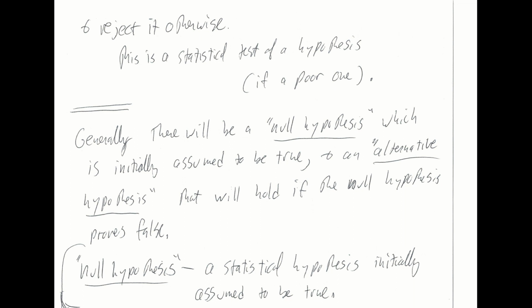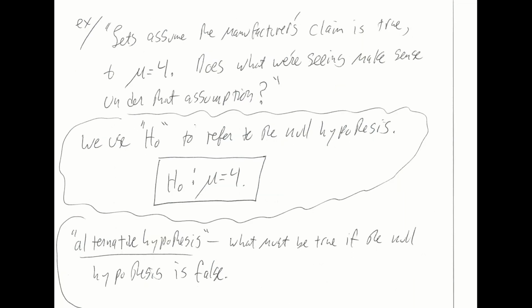So the null hypothesis is a statistical hypothesis initially assumed true. For instance, somebody working at this plant might say, okay, let's assume that they're correct. Let's pretend that we believe this manufacturer, so let's pretend that we believe that the average mass of these bolts is actually 4 grams.